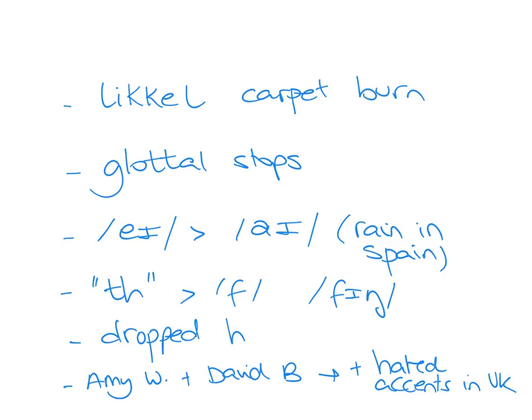Okay, so some consonant sounds are changed as well. For example, when you have words containing th, like thing or think, they say fink, fing. So they change the th with an F, for example. Sometimes these H sounds are dropped. So they would talk about an 'ouse instead of a house, for example. That's another feature of Cockney.